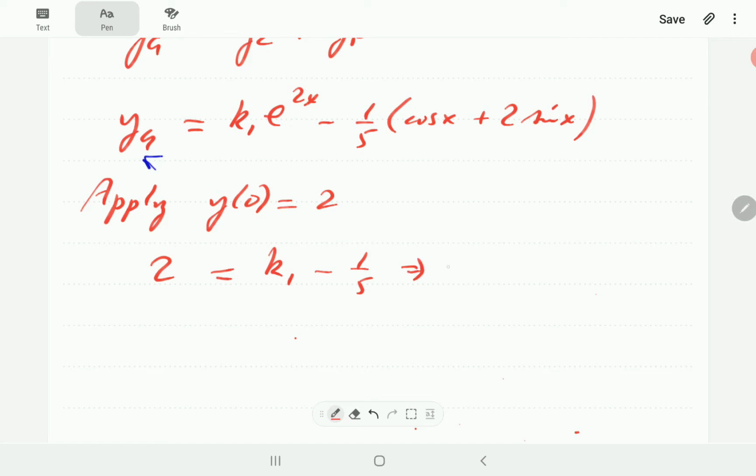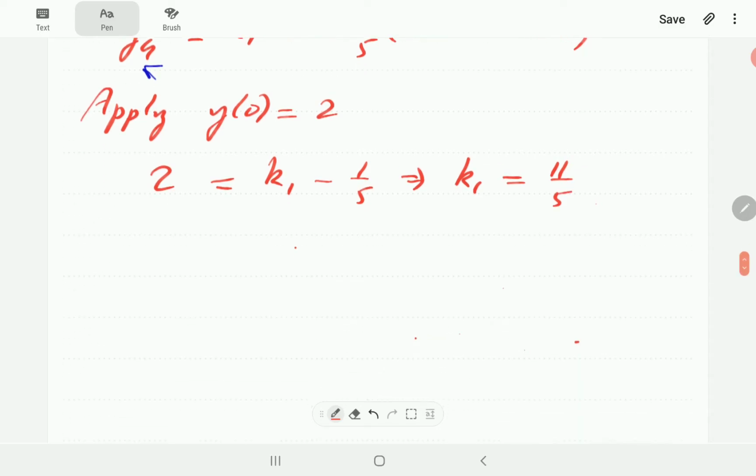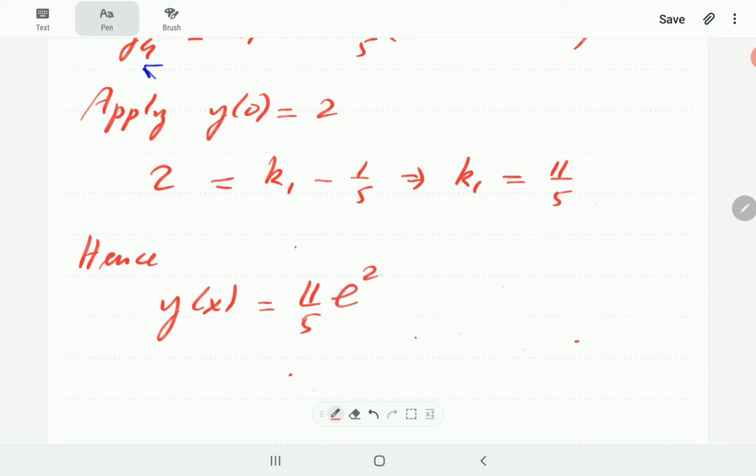So this tells us that k1 is going to be 11 over 5, and hence our particular solution is going to be 11 over 5 e to the 2x minus 1 over 5 cosine x plus 2 sine x.